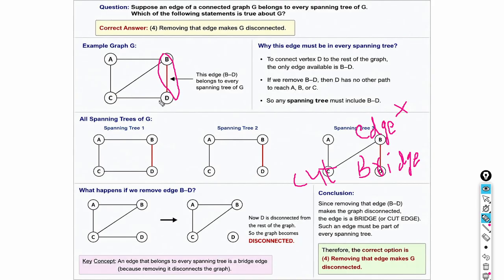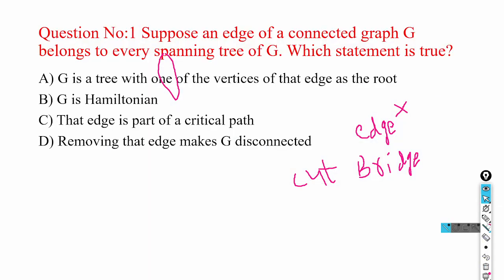There is no connection between D and A, B, C. So the graph becomes disconnected. So which option is correct? Option D is the correct answer. If you remove the edge, the graph is disconnected.